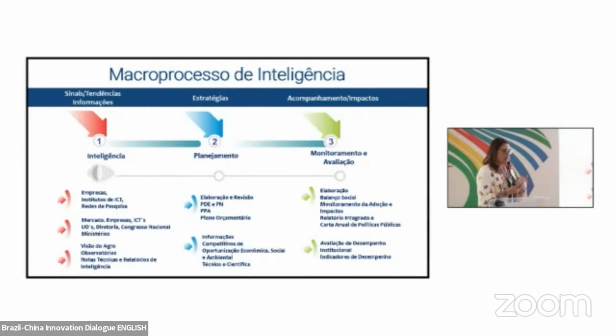through monitoring and assessment. We have very clear mechanisms about the monitoring of technologies for the society, and the integrated report and the annual chart of public policy that Embrapa shows every year.